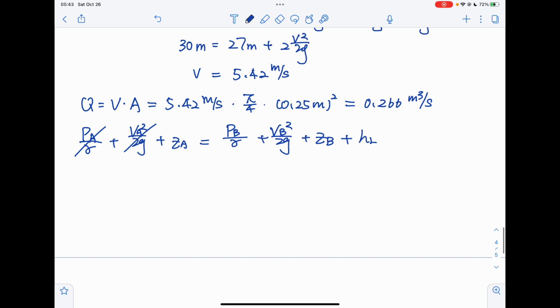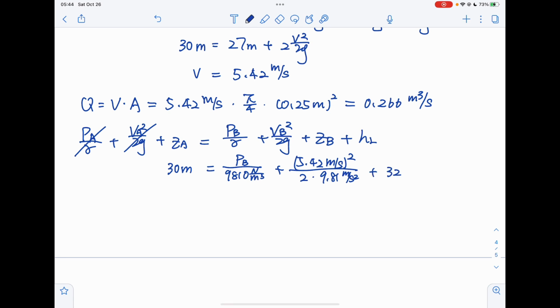Okay, so ZA is 30 meters, equals PB over gamma, which is in newtons per cubic meter, plus VB, which is equal to V, squared over 2 times g, using SI units. And ZB is 32 meters.